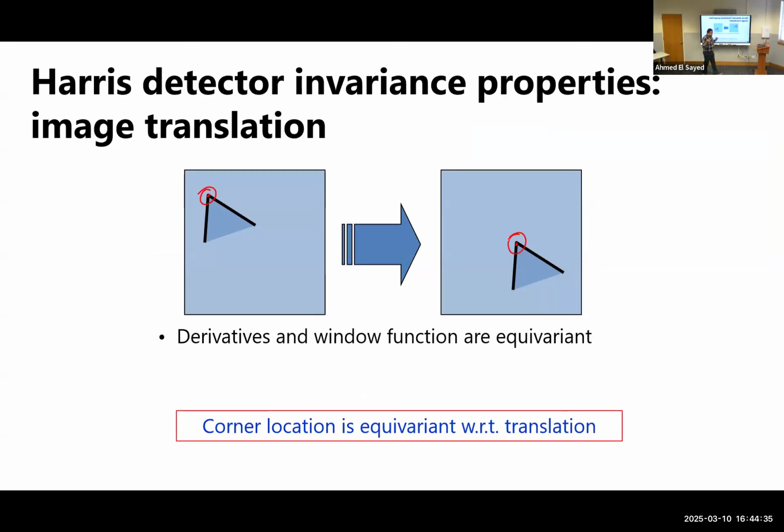Does the corner stay in the same location? No. So in this case, this is equivariant against translation. The translation will be able to find the corner, but in a different location. That's why we call it equivariant. So the conclusion is that the corner location is equivariant with respect to the translation.